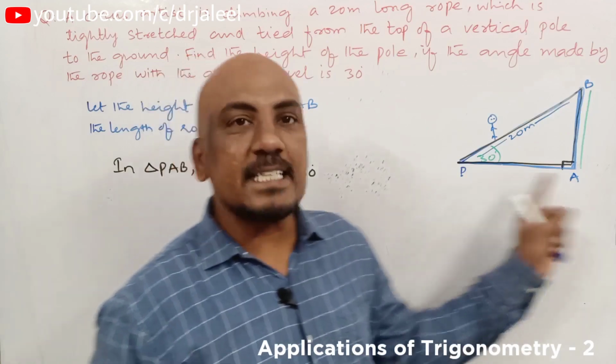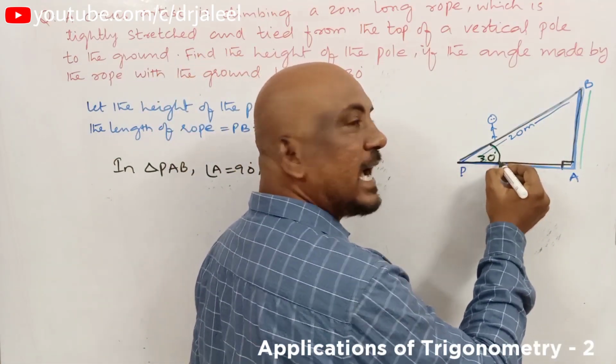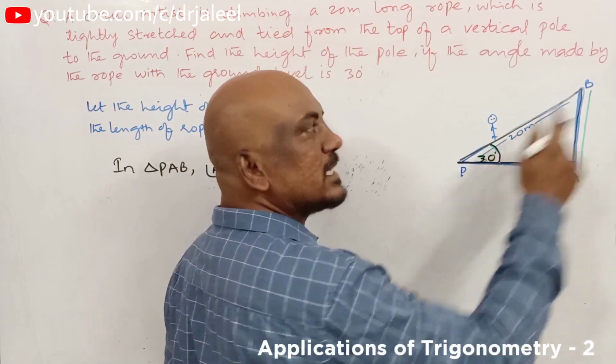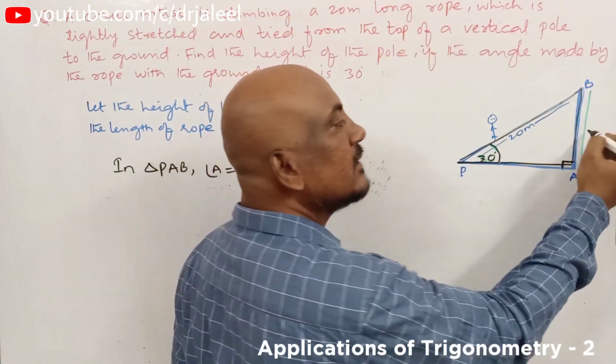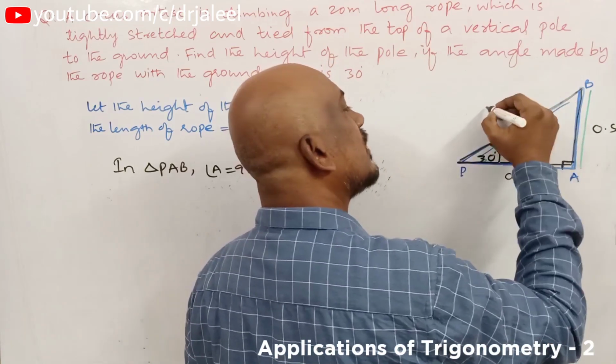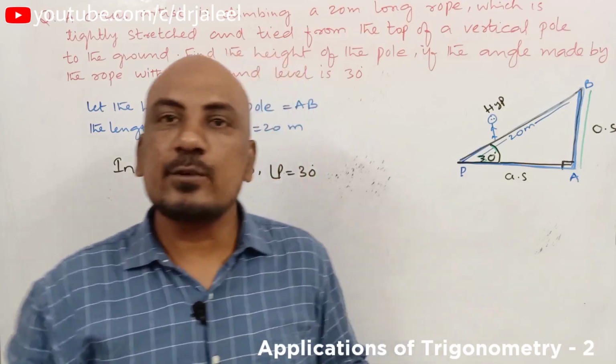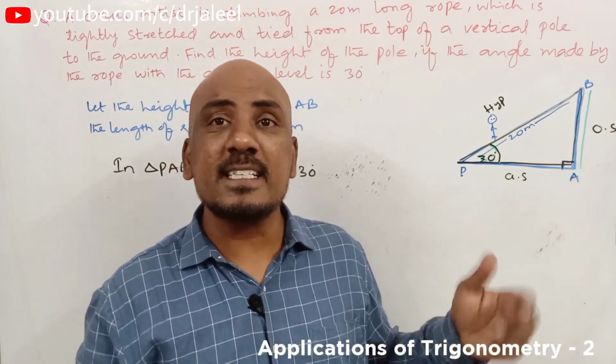So now let's name the sides also. When you consider this 30 degree angle, with respect to this angle, what is this side going to be? This side is the opposite side, this side is the adjacent side, and the longest side is nothing but the hypotenuse. So dear students, here what is it that you need to find?